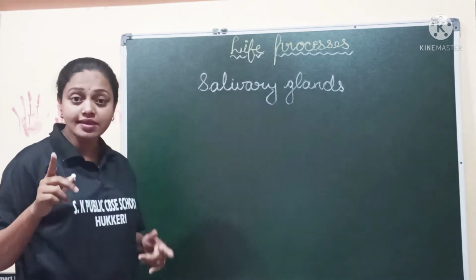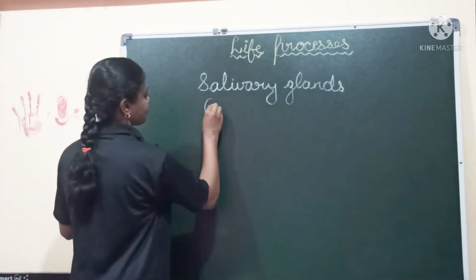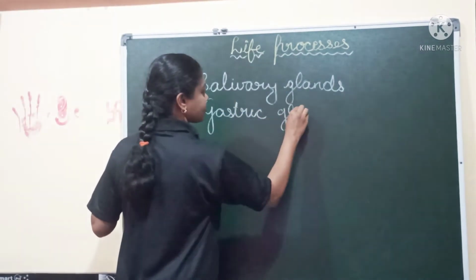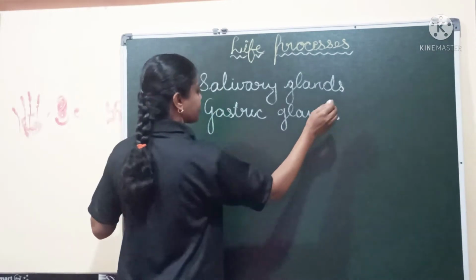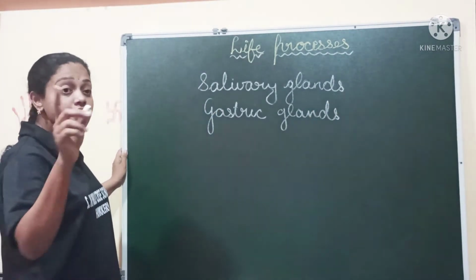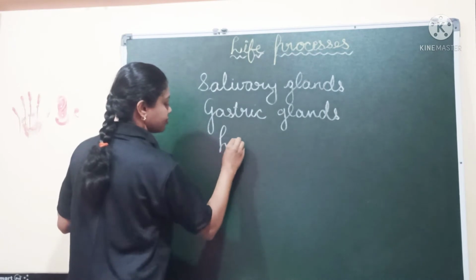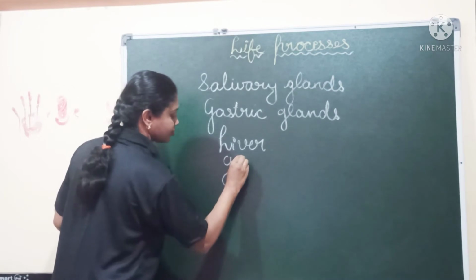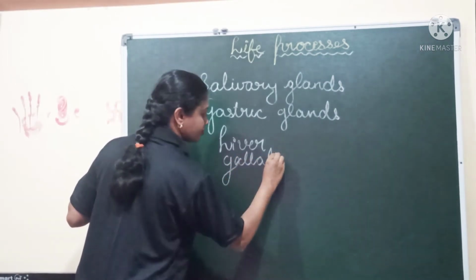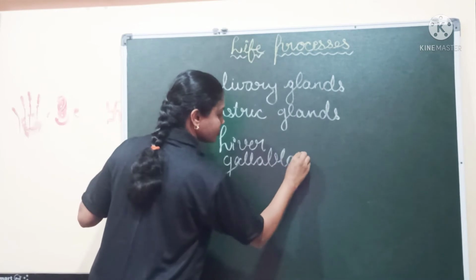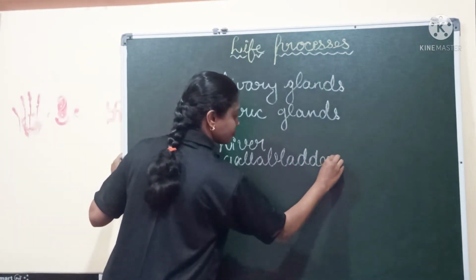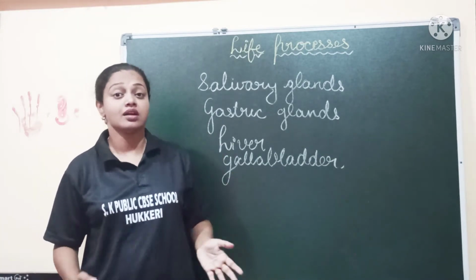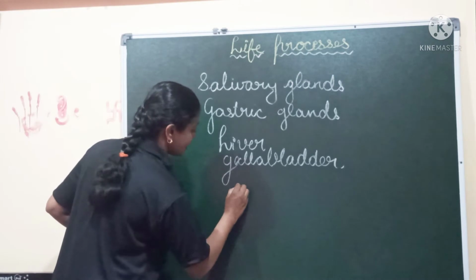The next one is the gastric glands. The third one is the liver. The fourth one is the gallbladder. The gallbladder and the pancreas are a few names of those glands.